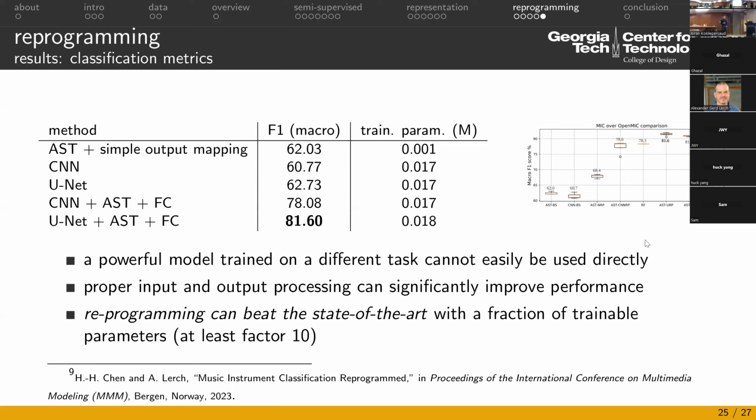So that means we can actually beat the state-of-the-art performance, but at a fraction of complexity, right? Because we only have a very small network. It's really only 3 layers for input, encoder and decoder with a U-Net. We have a very small network there with only, what's that, 18,000 parameters.